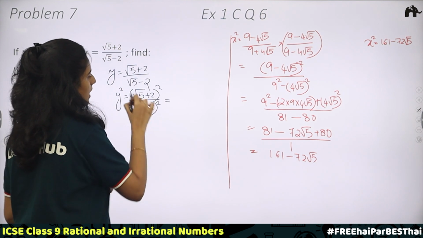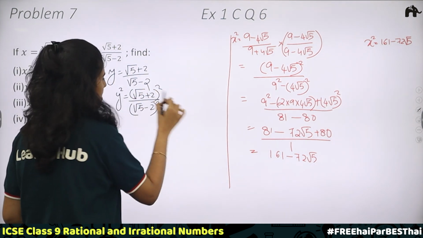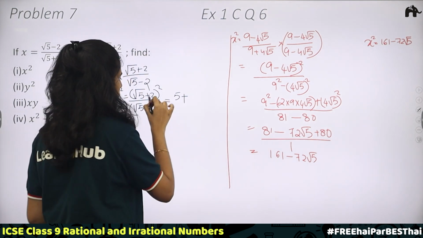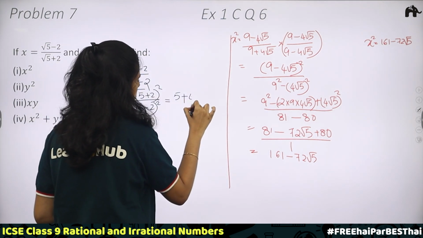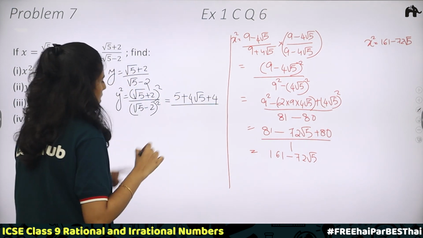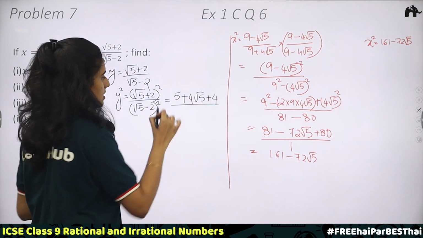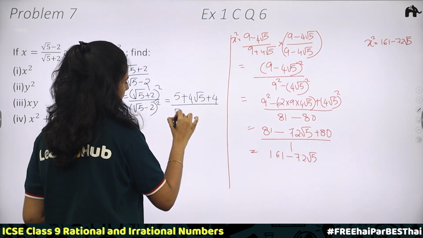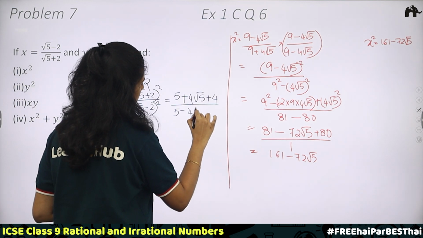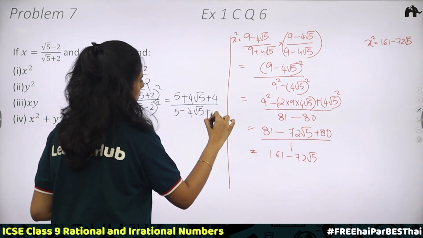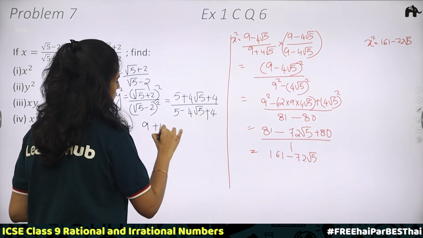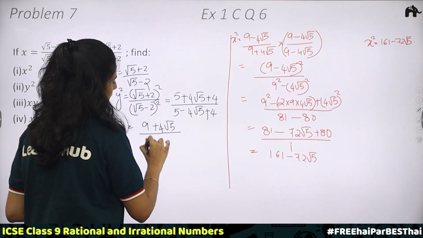Using (a plus b) whole square, that is a square, root 5 square which is 5, plus 2ab, 2 into 2 is 4, 4 root 5, plus b square, 2 square, 4, divided by (root 5 minus 2) whole square, that is 5 minus 2 into 2 is 4, 4 root 5, plus 2 square 4, which is equal to 5 plus 4, 9 plus 4 root 5, divided by 9 minus 4 root 5.